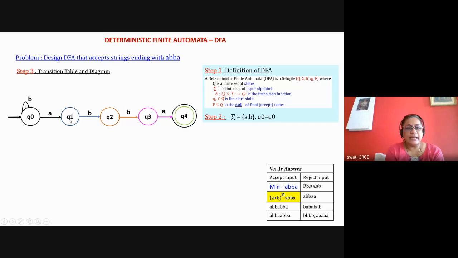If here it is A, why should it go back? If it is A, then after that A, there can be double B A and it can reach the final state. Otherwise, you would have to have B A to reach the final state, and that is not needed. If it is A, then this A can be the fourth element from the last, so it will remain there only.